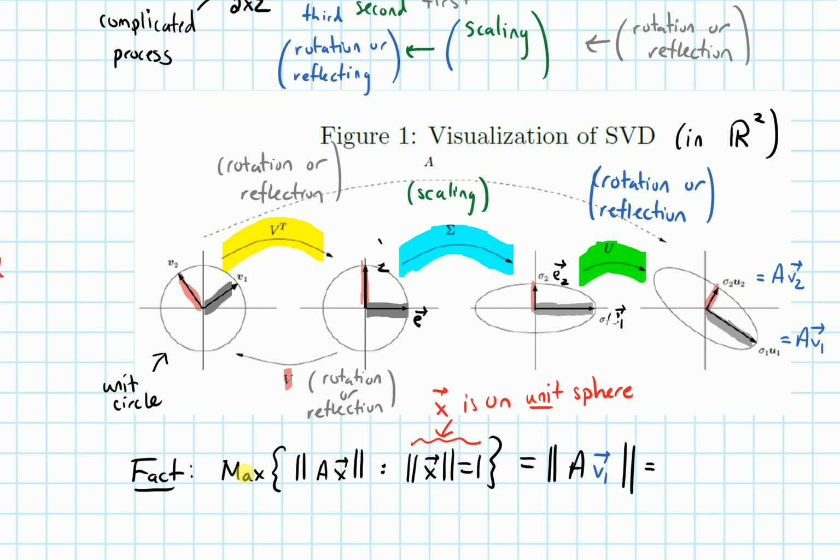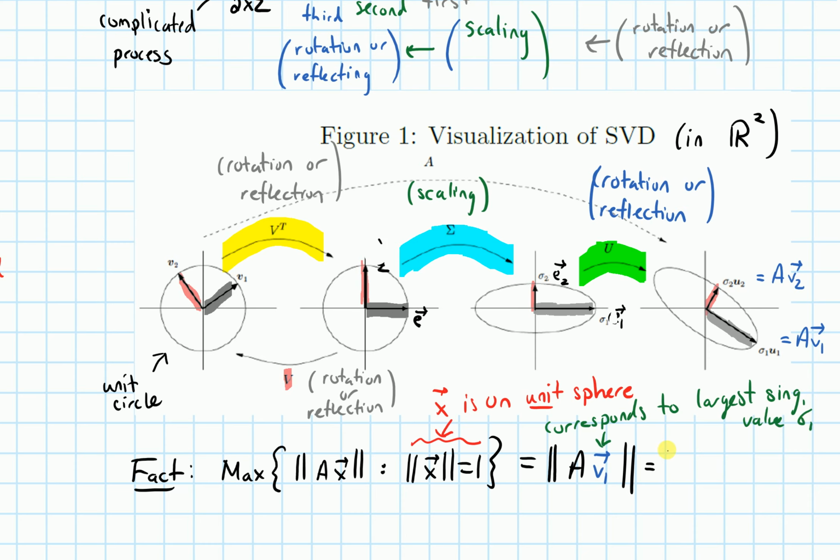So it turns out that the maximum the length of A times a vector x could be, when the length of that vector x is 1, it happens to be when this vector x is v1, where v1 is an eigenvector of A transpose A that corresponds to the largest singular value, sigma 1.